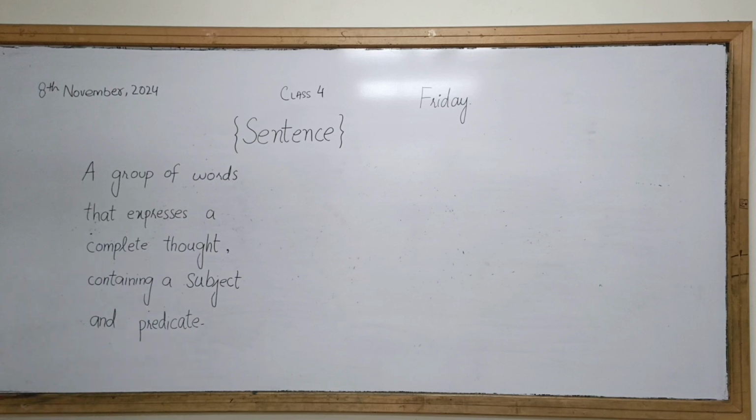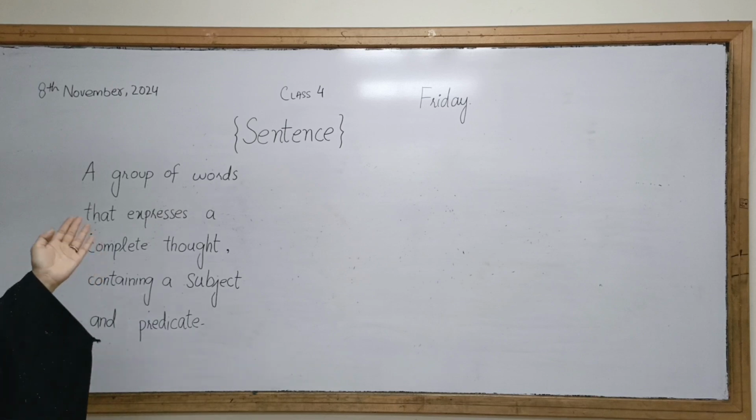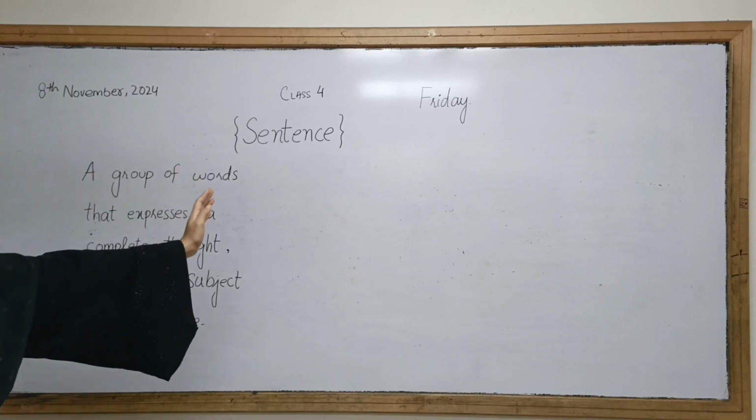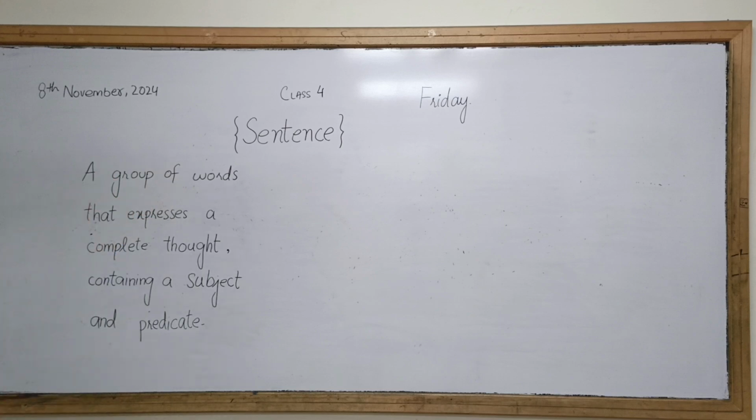Different words are combined together to make a group, and then we will get a sentence. Okay? Now, if different words are combined together, we have to know the format and in what ways they are combining, and we are getting a sentence. Okay, let's move on.